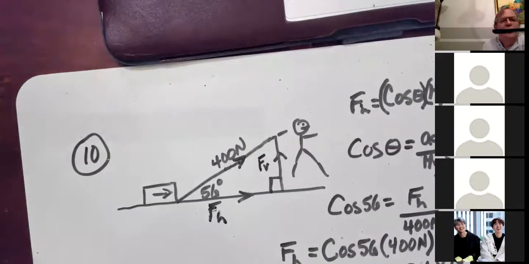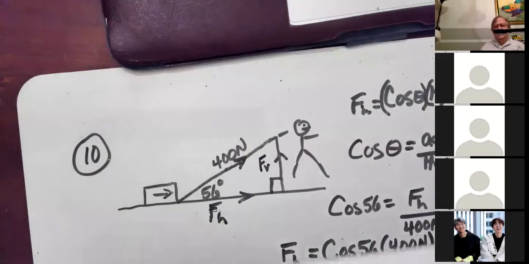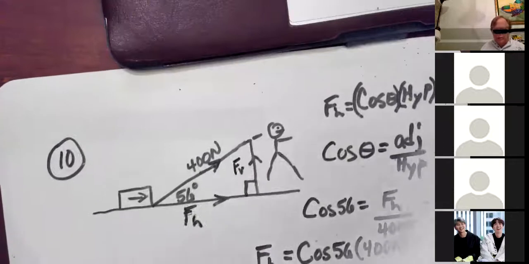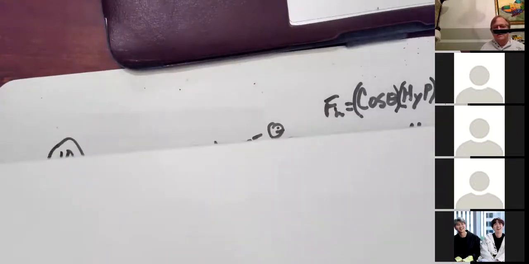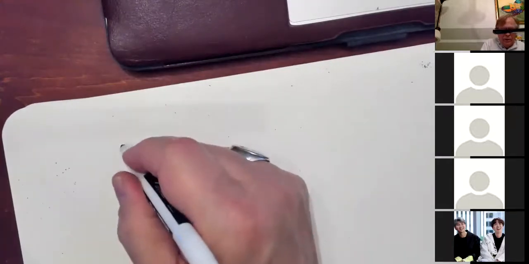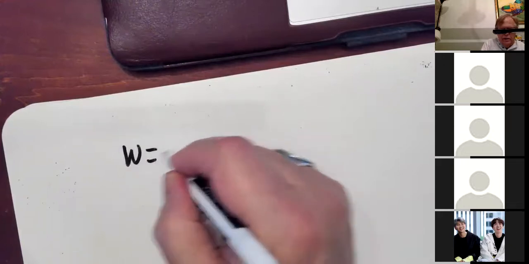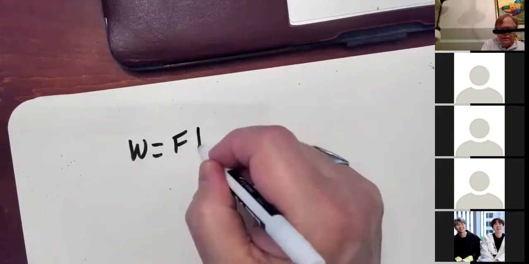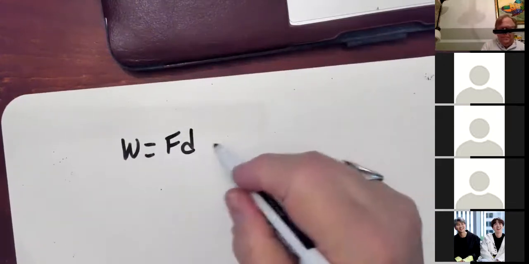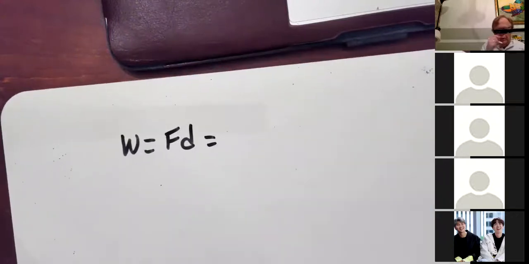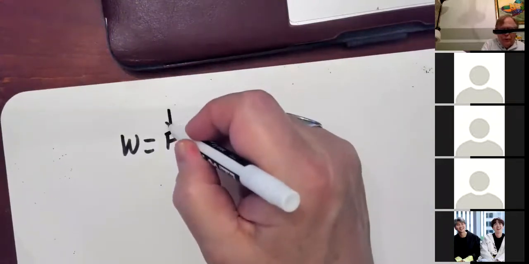No. Okay, I'm sorry, I didn't realize there was a work part. All right, so let's finish the problem then. Go back to work equals force times distance. So we just solved for the force.